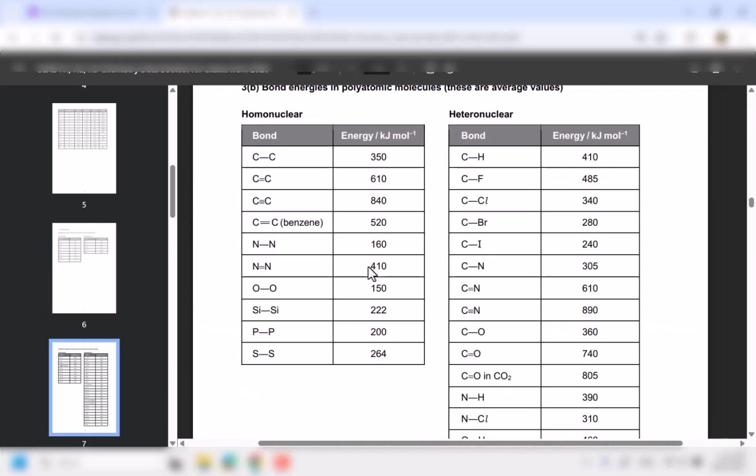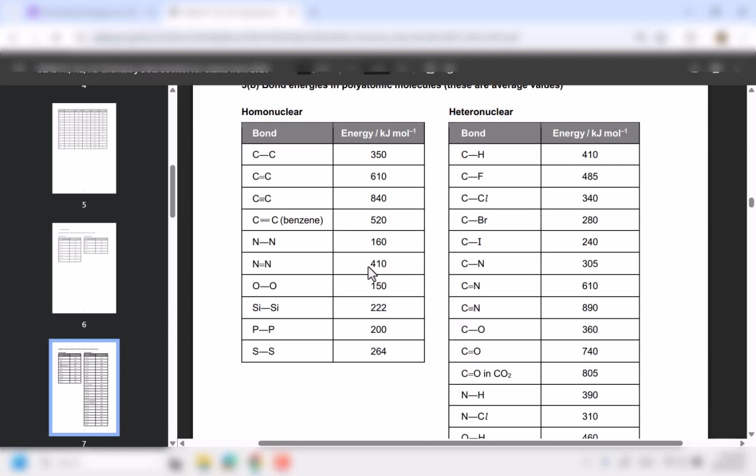3B are average values because there are just so many compounds with C-C, C-H, C-F, etc. These are average values taken from a large sample of compounds, and then we just average them up. So the actual bond energy of a specified compound may not be close to these values.